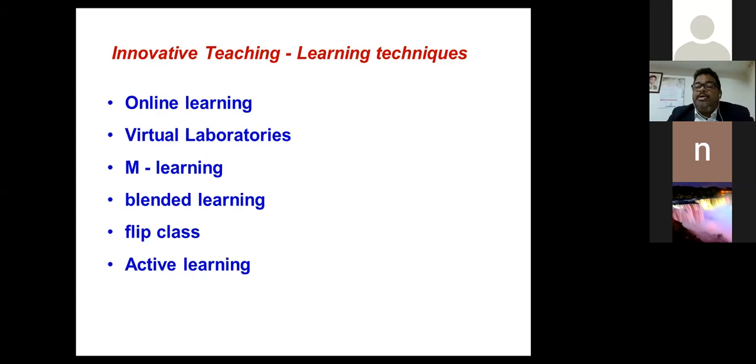You like it or not, but your students like it. So we need to create an environment in the campus so that students can learn. If the students see that this institute is not doing it, then they will go to another institute where people are doing it.